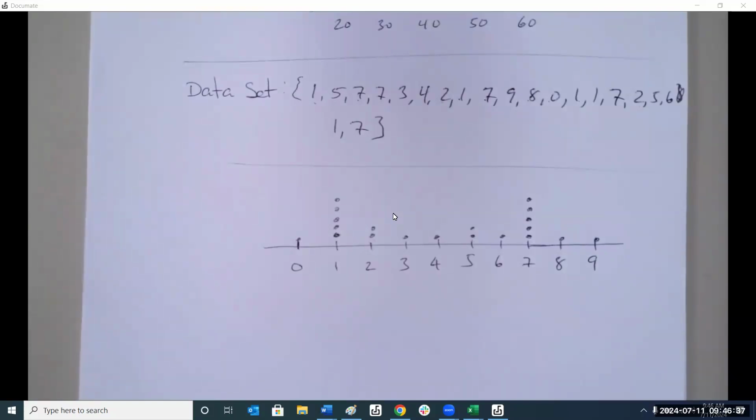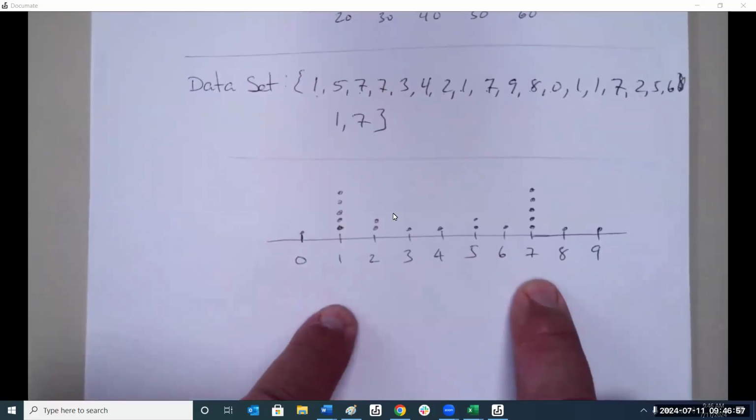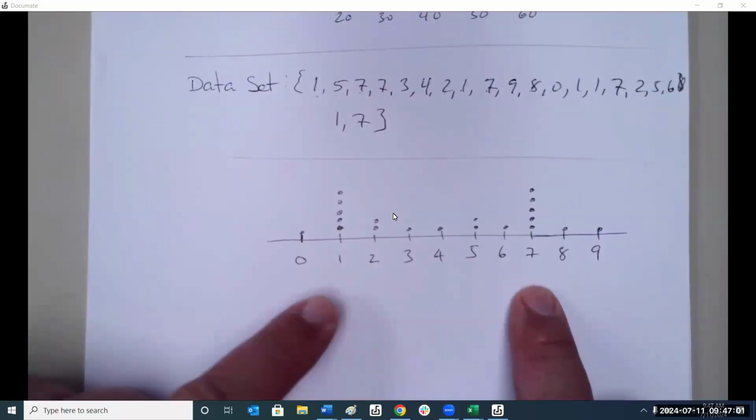What is it good for? It shows you pattern. All graphs are meant to display the behavior of the data. So what can you tell me about that data by looking at it? Well, 1 and 7 are the most popular, or the most frequently occurring.